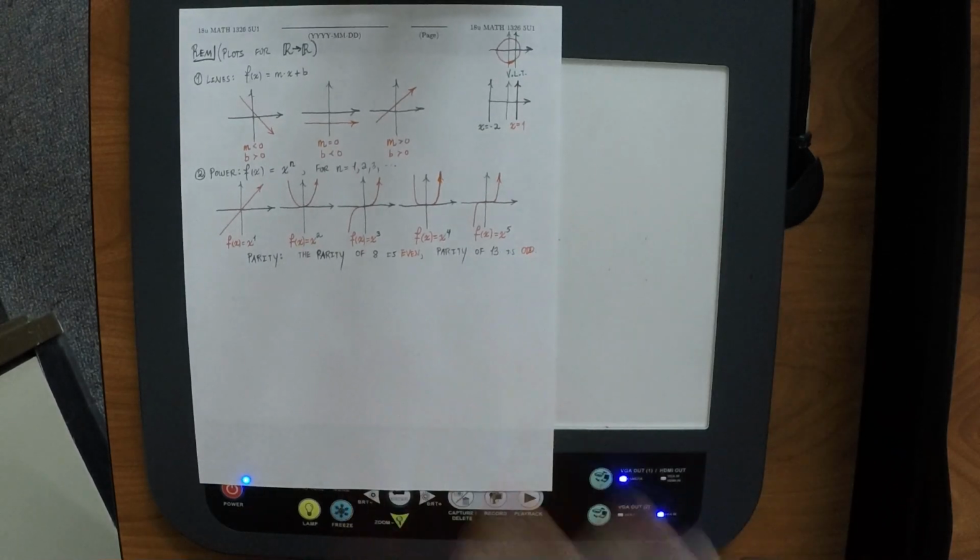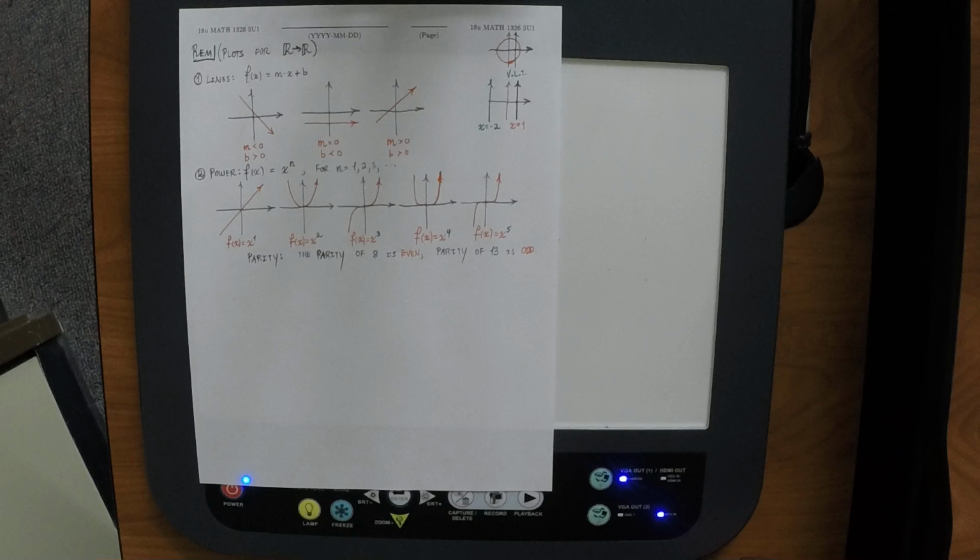So the word parity means evenness or oddness. Okay, and it's not parody, like making fun of something.